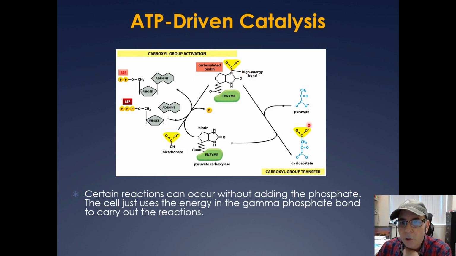And then you can basically add the carboxyl group to pyruvate and you'll be left with oxaloacetate. So in this instance, certain reactions can occur without adding the phosphate to the intermediate, and it just uses the energy in the gamma phosphate to actually help carry out the reaction.